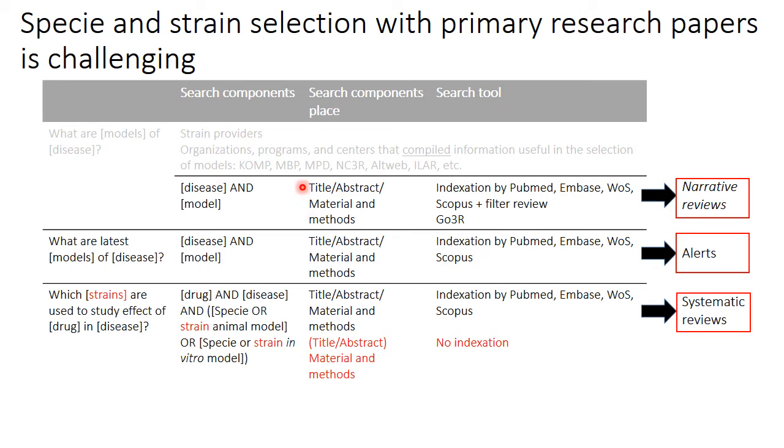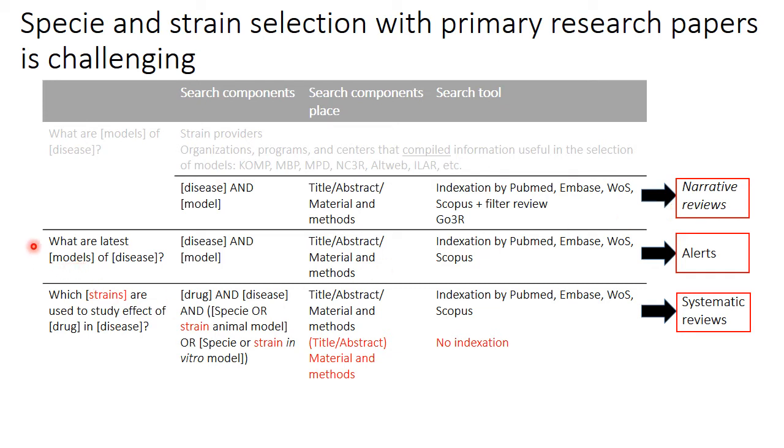And if appearing at least in the title or abstract, it means that these terms are indexed by PubMed, Embase, Web of Science, Scopus, because they are citation databases, remember? So by the use of these search tools, you can end with the identification of very fruitful and interesting information with narrative reviews.